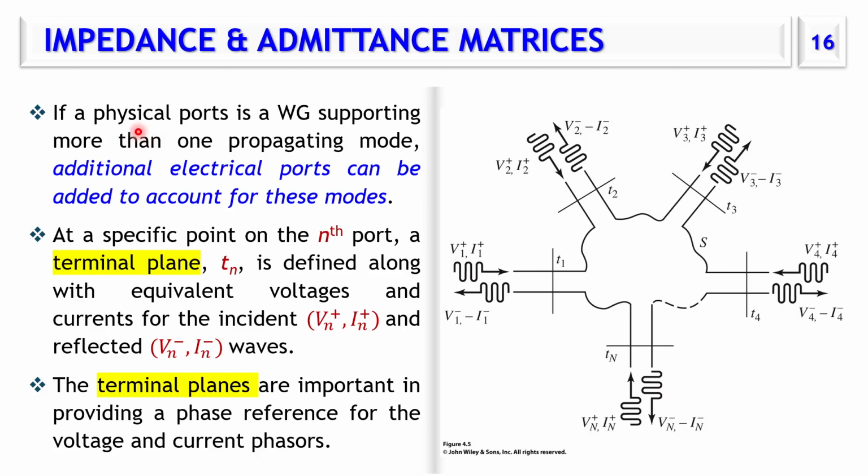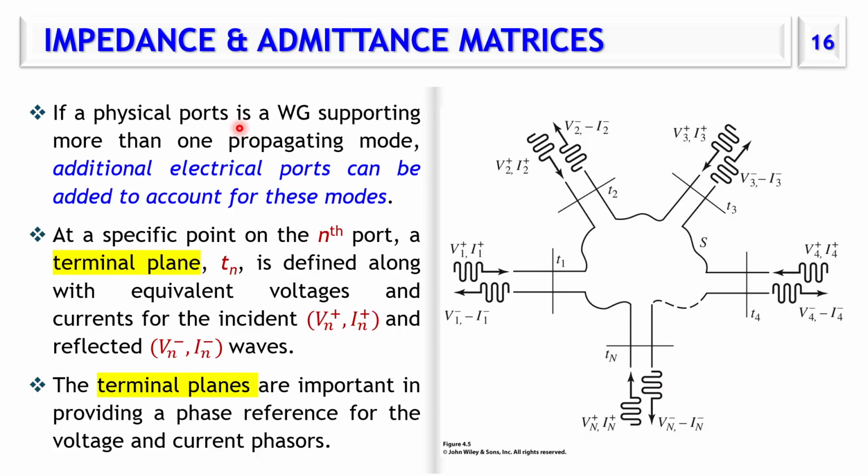So this note here is an important one. If we have a port that is physically a single port, for example, a single rectangular waveguide, but the frequency is higher than the cutoff frequency for two or more modes, so the waveguide would carry multiple modes.